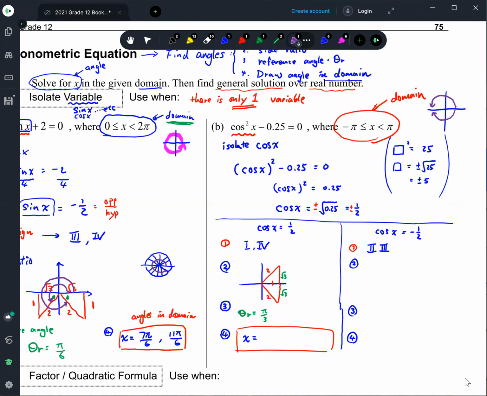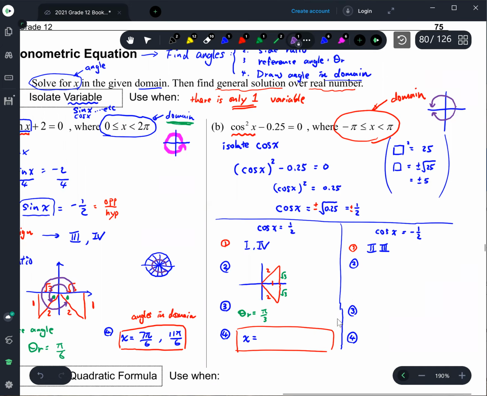Those angles will be within negative pi to pi. Okay, so please raise your hand if you have the answer on the left side.